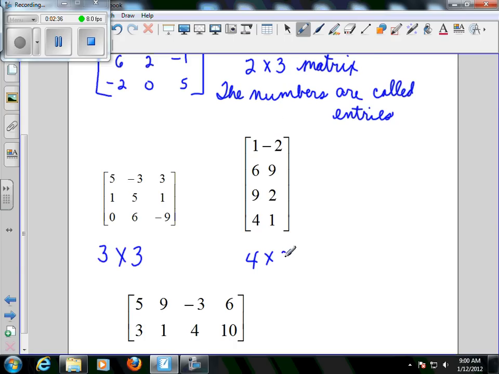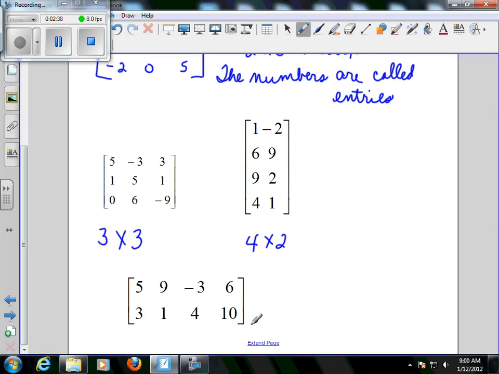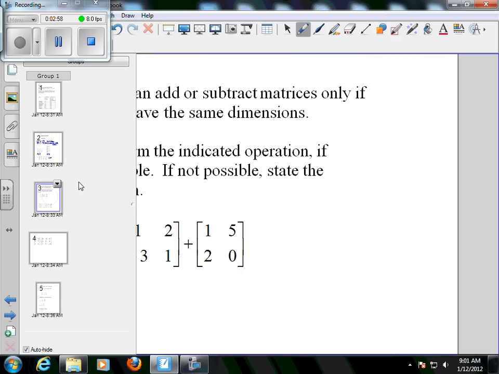So it's a 4 by 2 matrix. And this last one, we have 2 rows, I meant to say. 2 rows going across, and 1, 2, 3, 4 columns. So it's a 2 by 4 matrix. All right, so I think we've got it down pretty much as to what order or dimensions of a matrix are. They mean the same thing.